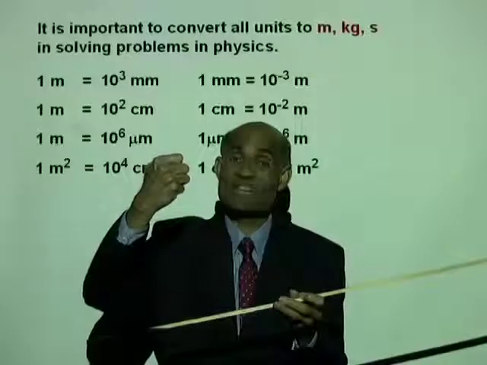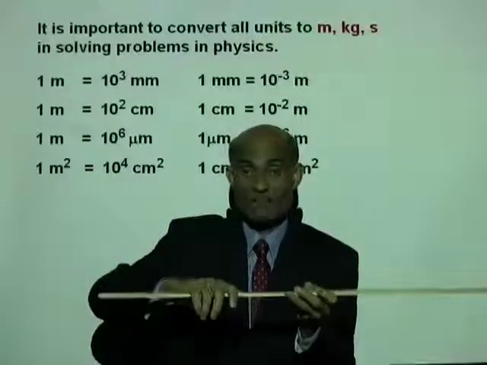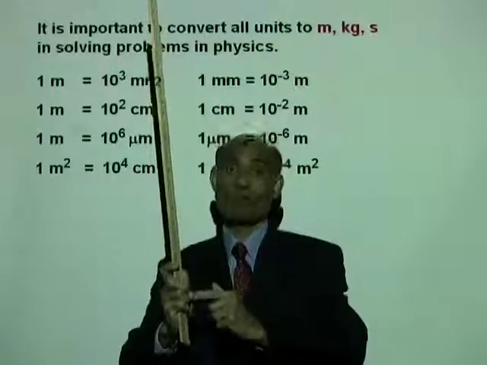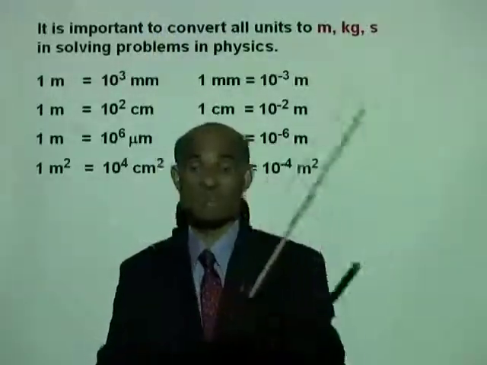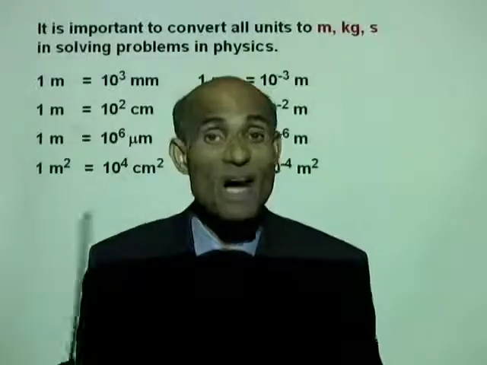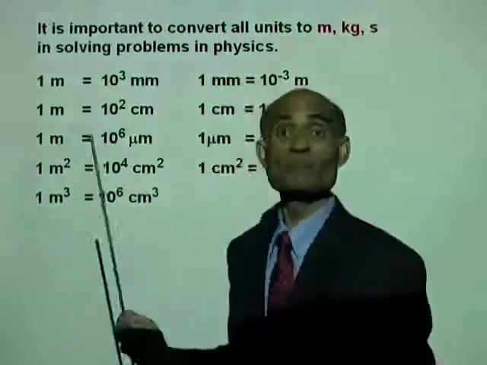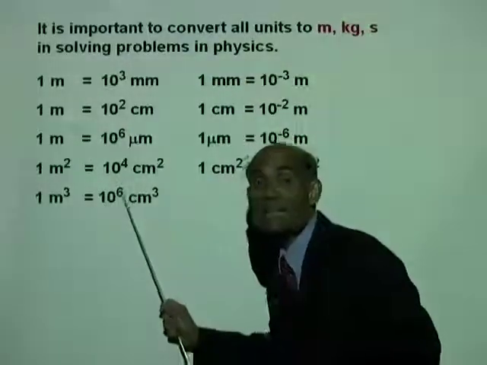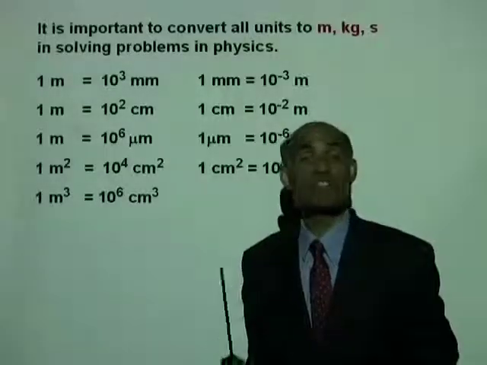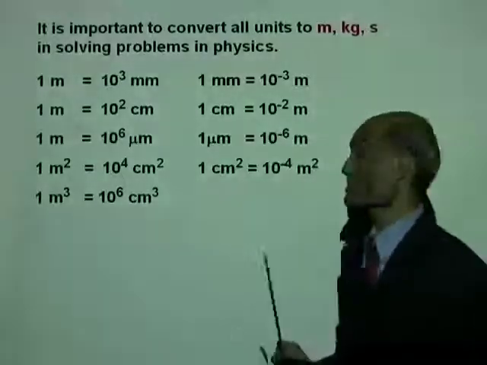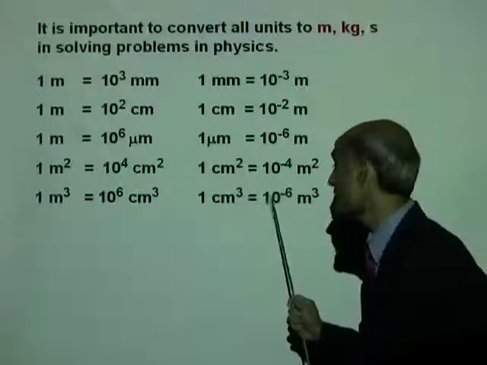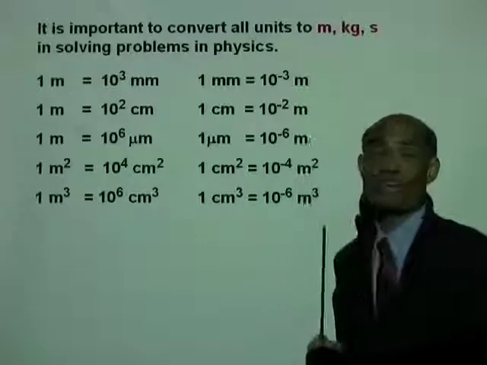And if you write that in centimeters, it will be 100 centimeter multiplied by 100 centimeter multiplied by 100 centimeter. So 1 cubic meter contains how many centimeter cube? A million centimeter cube. 1 meter cube contains a million centimeter cube. Therefore, 1 centimeter cube is a millionth of a meter cube.